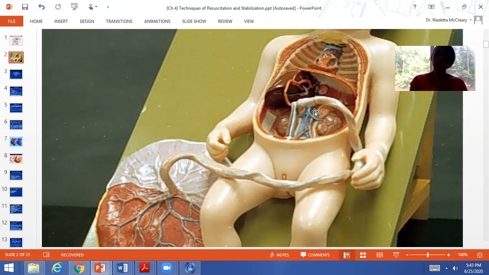So the placenta is typically still inside of mom. They will cut the umbilical cord and then mom will deliver the placenta sometime thereafter. So while we are working with baby, we have this umbilical stump area here. Once it's cut, we will deal with the umbilical stump in order for us to assess what's going on with circulation.